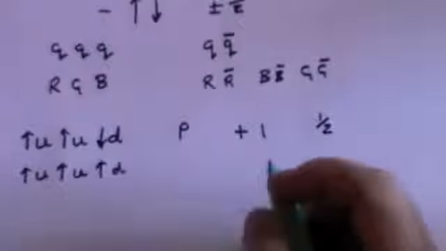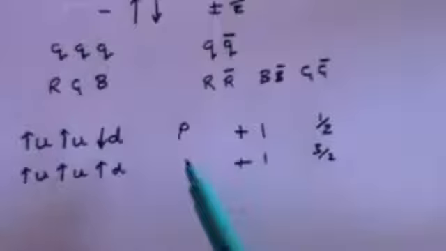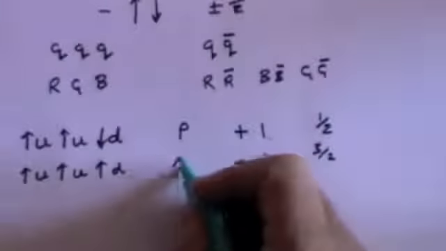If I did this, I don't know what it is, but I can tell you that its total charge is still going to be +1, because it's 2/3 plus 2/3 minus 1/3. But its total spin is now a half plus a half plus a half is 3/2. And a particle with a 3/2 spin is not a proton. In fact, we call it a delta plus.